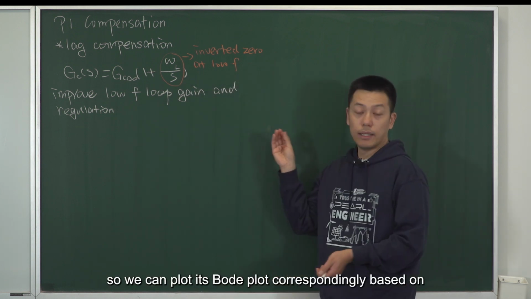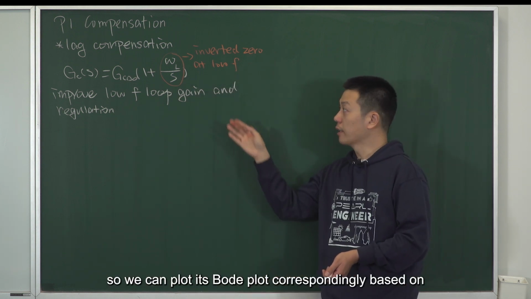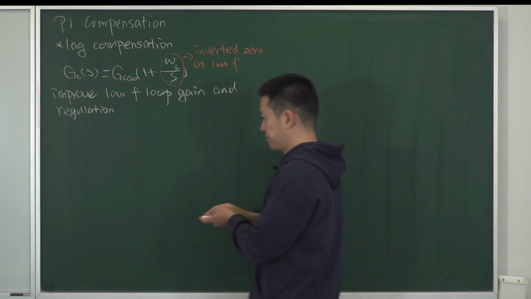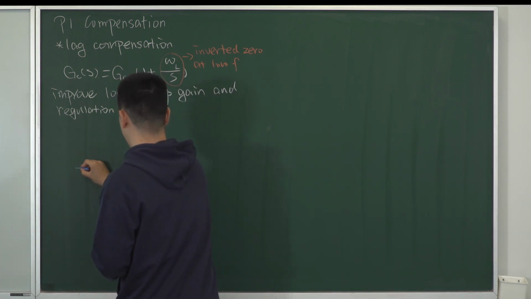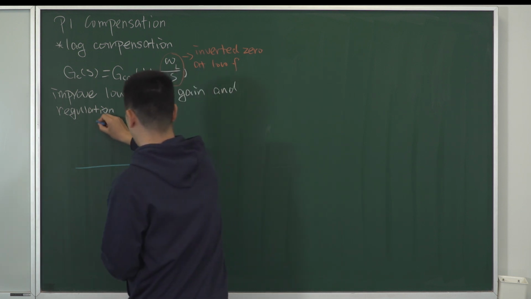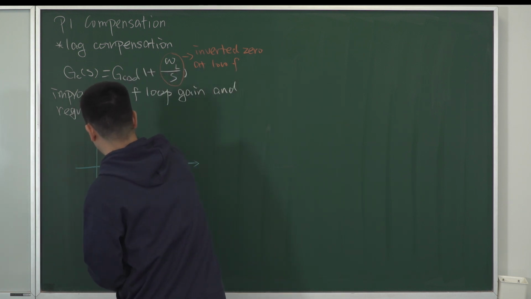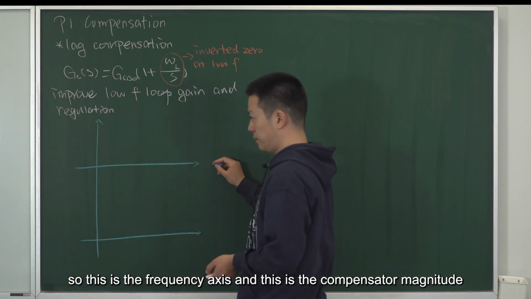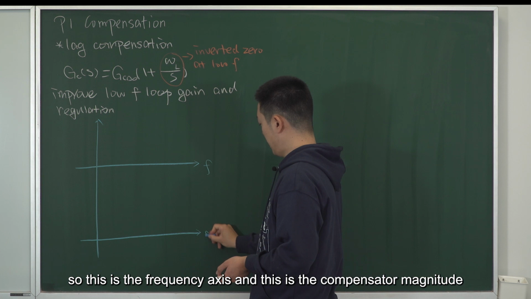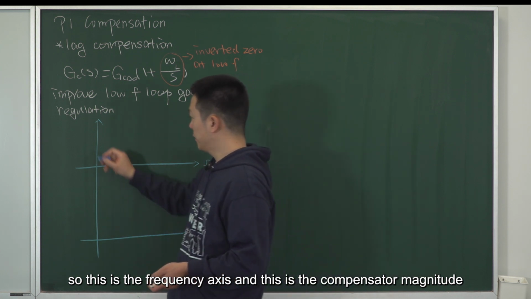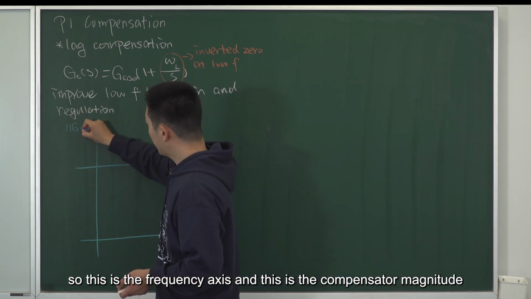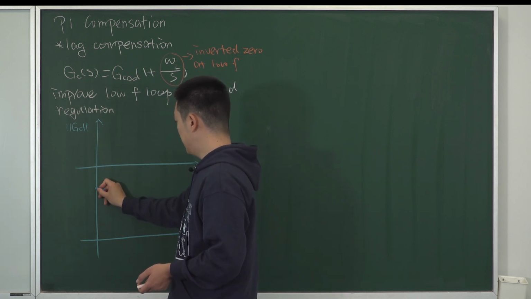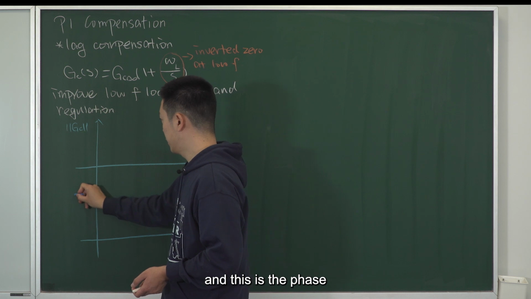So we can plot its Bode plot correspondingly based on this transfer function. This is the frequency axis, and this is the compensator magnitude, and this is the phase.